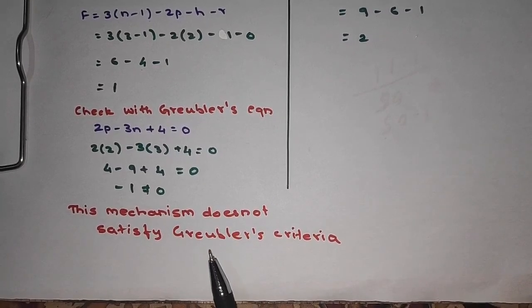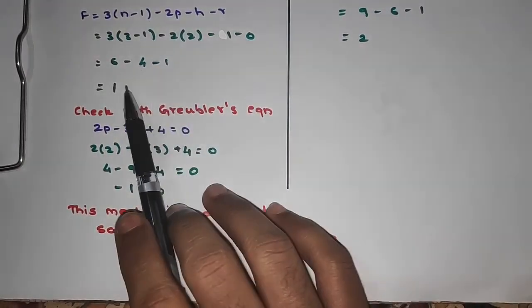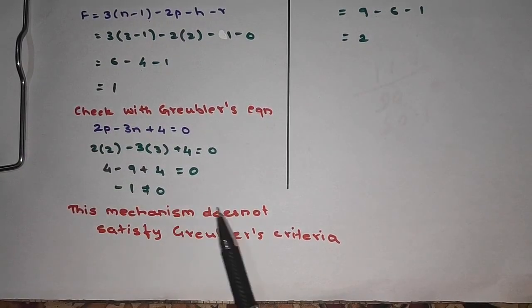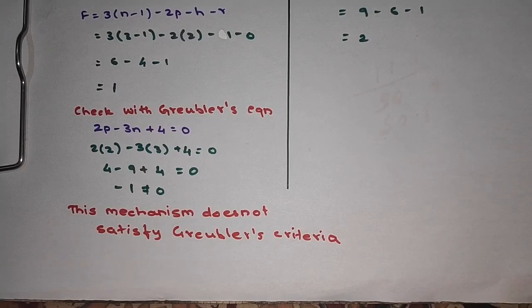That means for a mechanism to satisfy the Grubler's criterion, it is very important that the number of links in the mechanism should be even. Even though the degree of freedom is 1, if the mechanism has an odd number of links, it will not satisfy the Grubler's criterion. So this is a very, very important point to be remembered.